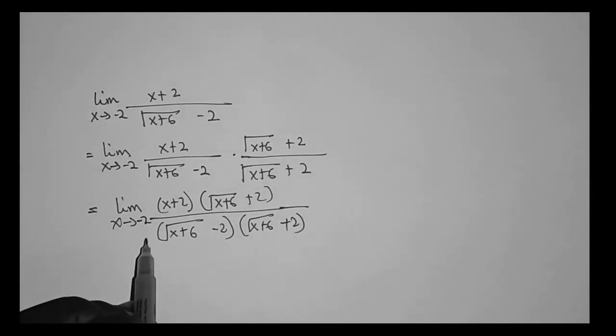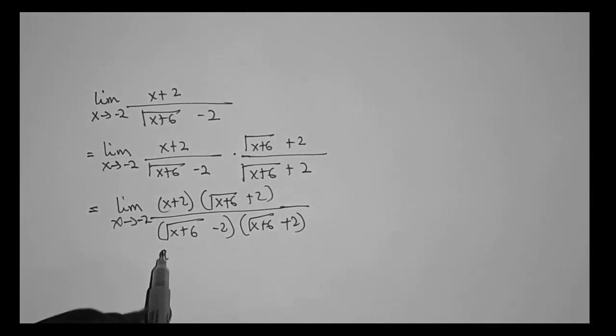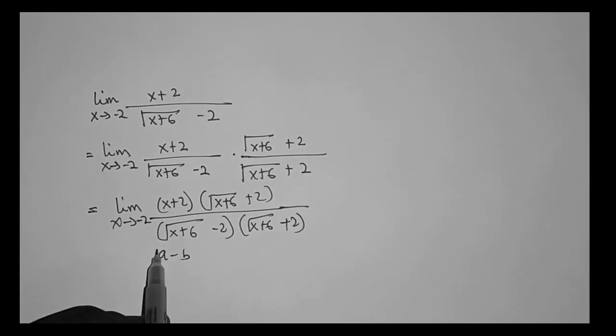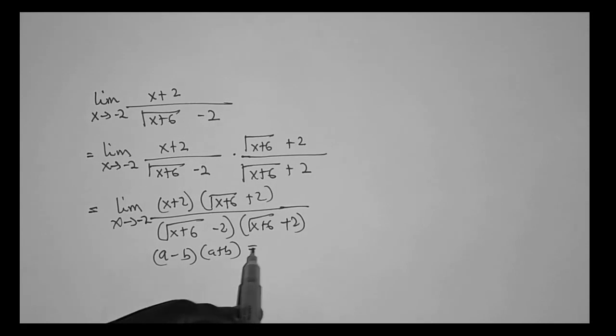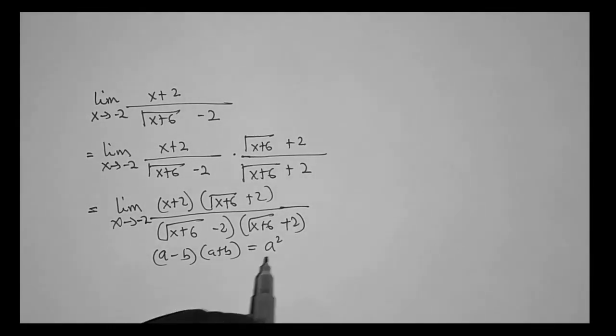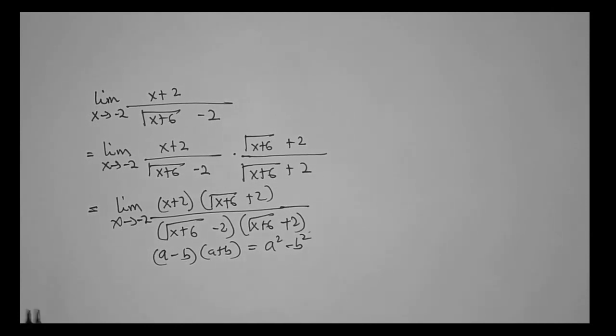Now remember that (a minus b) times (a plus b) equals a squared minus b squared. This is the difference of two squares, so this denominator is a difference of two squares.